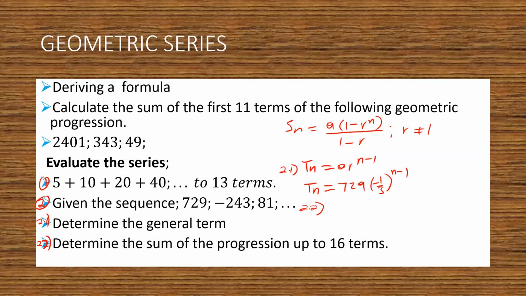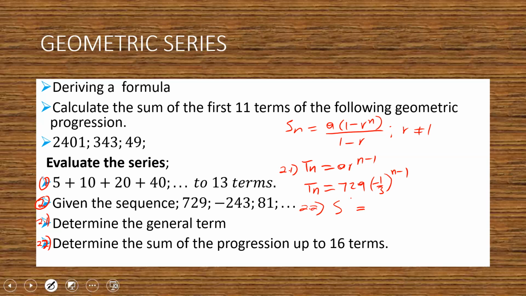I said Sn equals 729. Okay. Immediately you substitute. You can't say Sn. So do I first write the equation? Yes. But then it will be S what? Oh, S16.